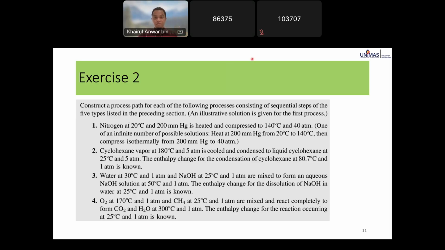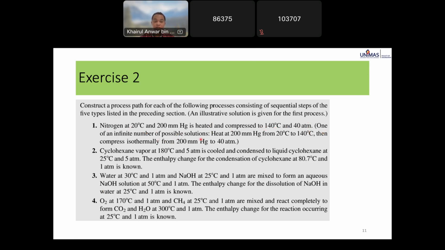So let's say for nitrogen, 20 degrees C, 200 mmHg is heated and compressed to 140 degrees C and 40 atm.